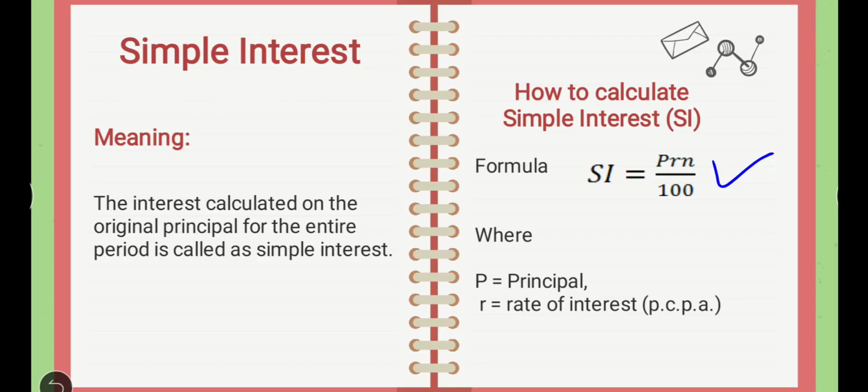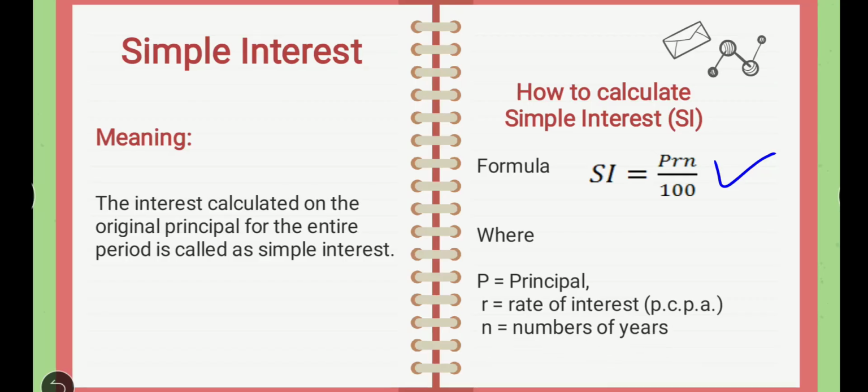Then N is the number of years. So for what time period we are taking a loan, the period is given in the form of years. So N is the period in the form of years. P is the principal, R is the rate of interest and N is the number of years.